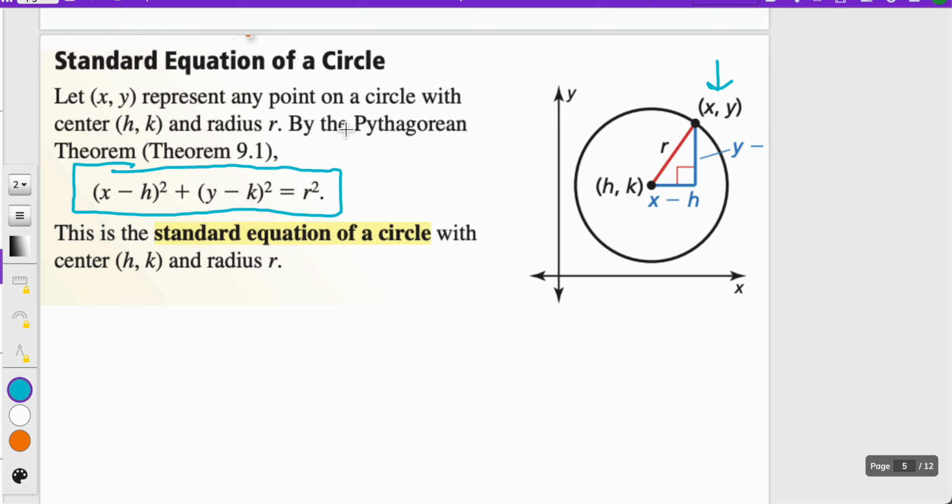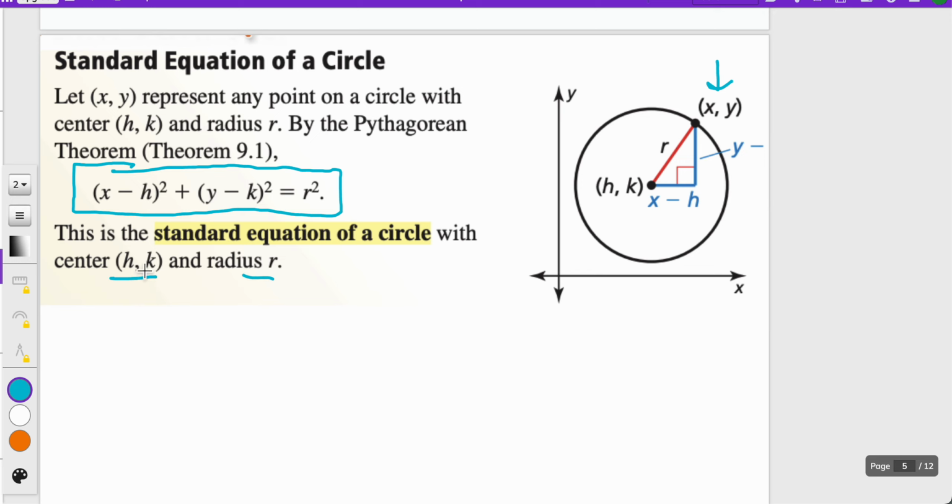According to the Pythagorean theorem, because h, k would be the center, we're able to make a right angle, so that means we could do a squared plus b squared is equal to c squared. So I can find the equation of a circle by doing x minus h squared plus y minus k squared is equal to your radius squared. This is the standard equation of a circle with the center at h comma k and radius r.